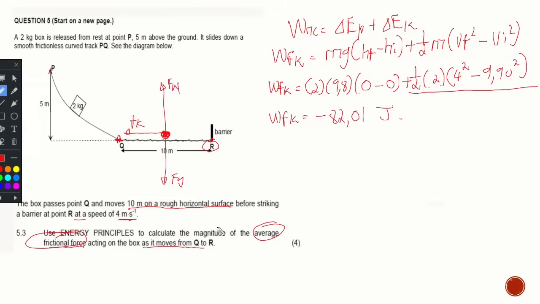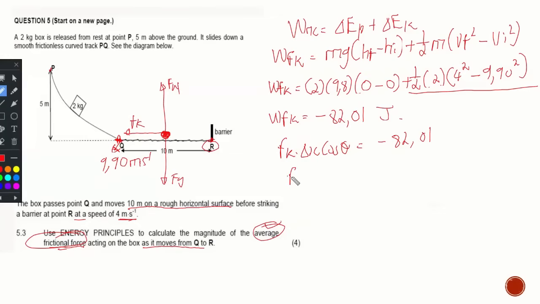Then from here, we can continue and calculate the average frictional force by breaking this down to Fk, delta x, and then cos theta is equal to negative 82.01, right? Note that this 9.90 meters per second was already calculated from the previous question, so we are using it as that.